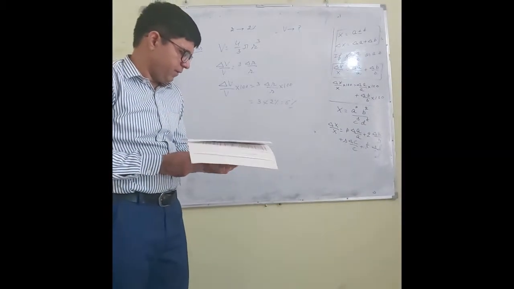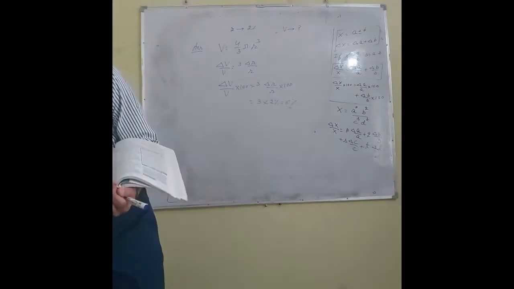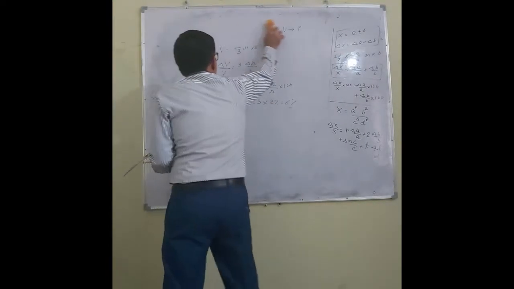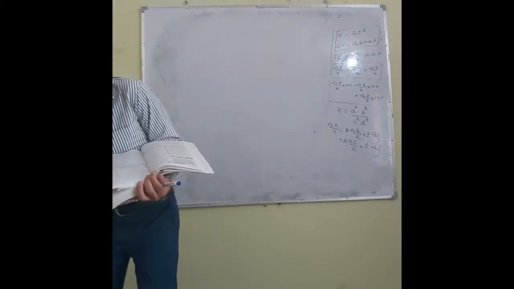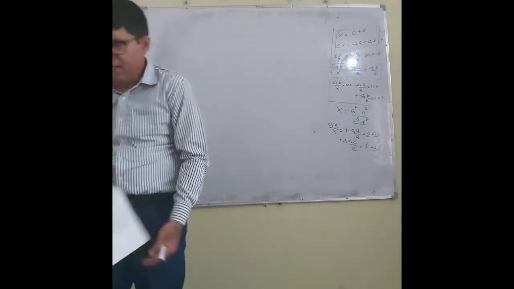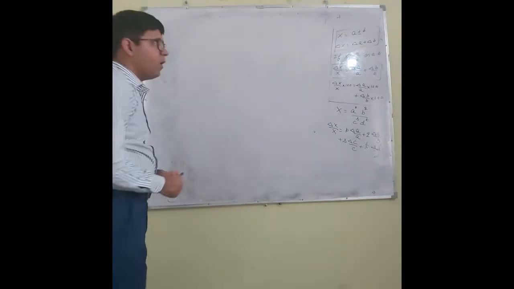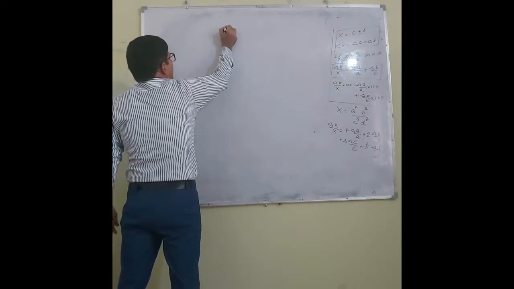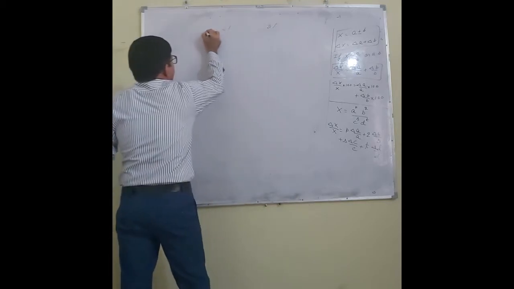Next question is, what we are given, the percentage error in the measurement of mass and velocity are 2% and 3%.